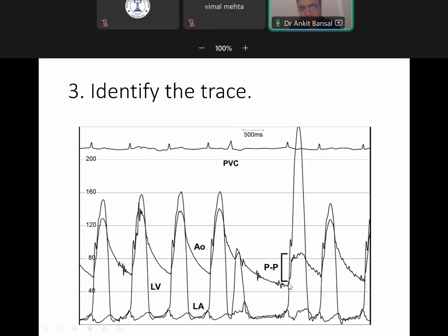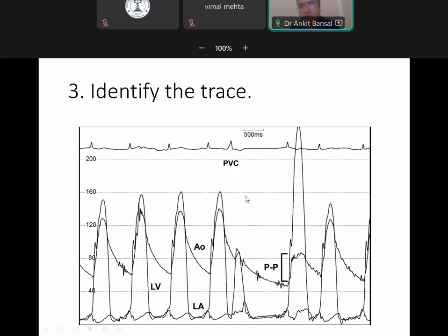In HOCM, the degree of obstruction depends on two things. One is the systemic vascular resistance, and the other is LV contractility. Here, both things are occurring simultaneously. The SVR is decreasing and the LV contractility is increasing because of the Frank-Starling law, because of this compensatory pause and the increase in the diastolic time.